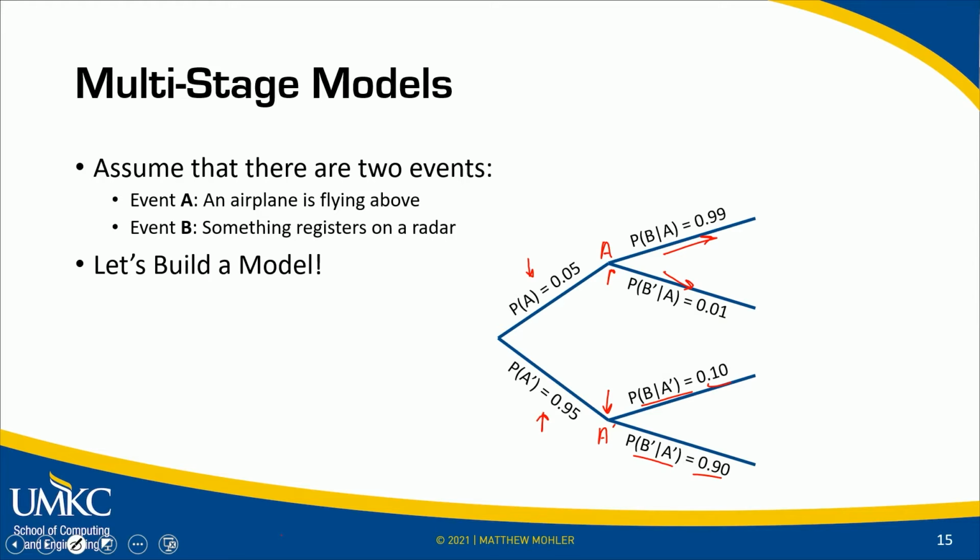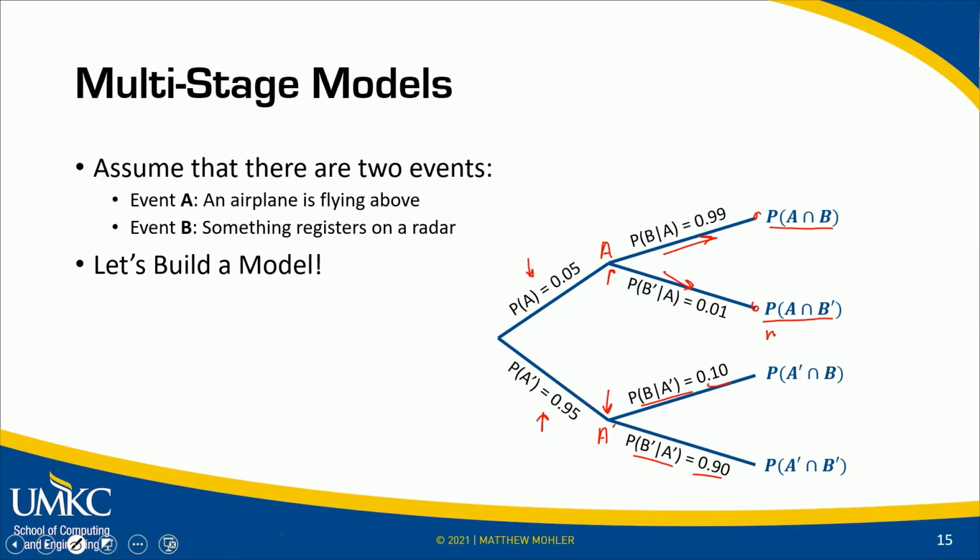So if we wanted to assign some names to these, we can really also say that all of these are intersections. And this is what we've seen before, that if we make it to this leaf, we have the probability of A intersected with B, the probability that both A and B occur. And if we make it to this leaf, that's the probability that there is an airplane flying above, but that nothing registers on a radar.